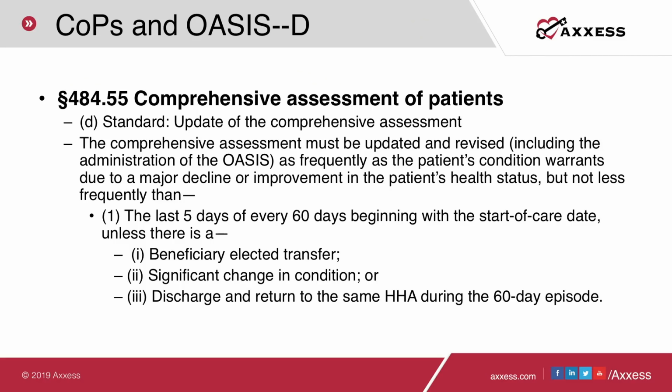The comprehensive assessment of patients must be updated and revised, including the administration of the Oasis, as frequently as the patient's condition warrants due to a major decline or improvement in the patient's health status, but not less frequently than the last 5 days of every 60 days, beginning with the start of care date, unless there's a beneficiary elected transfer, a significant change in condition, or a discharge and return to the same agency during a 60-day episode.